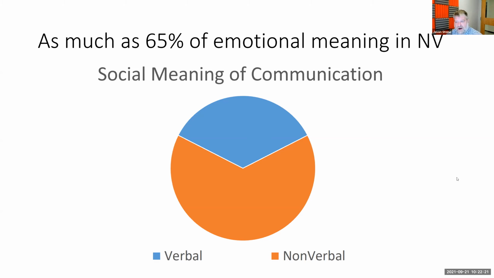As much as 65% of that relational and emotional content is through the nonverbal channel. So there's some differences. Some folks have found, like I said, up to 95%. Some other folks have found a little bit different measurement, that it's at 65%.